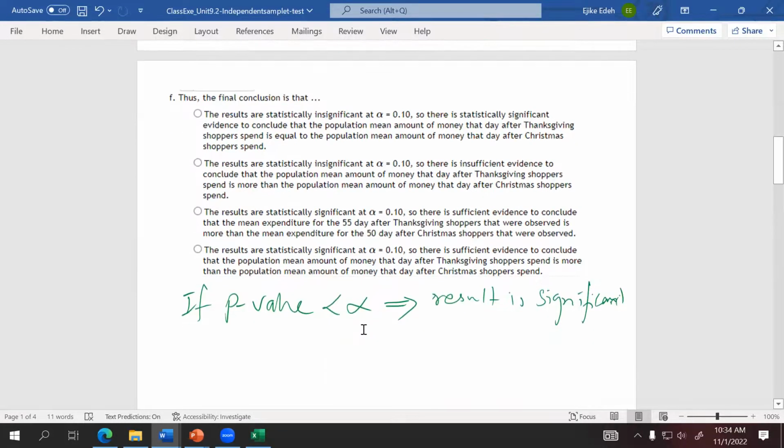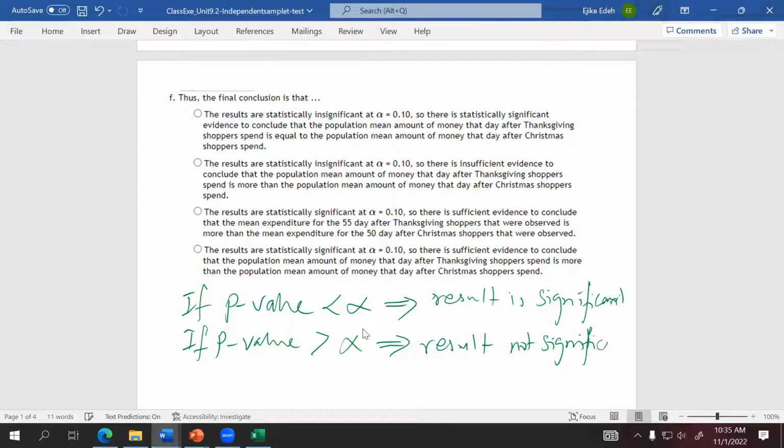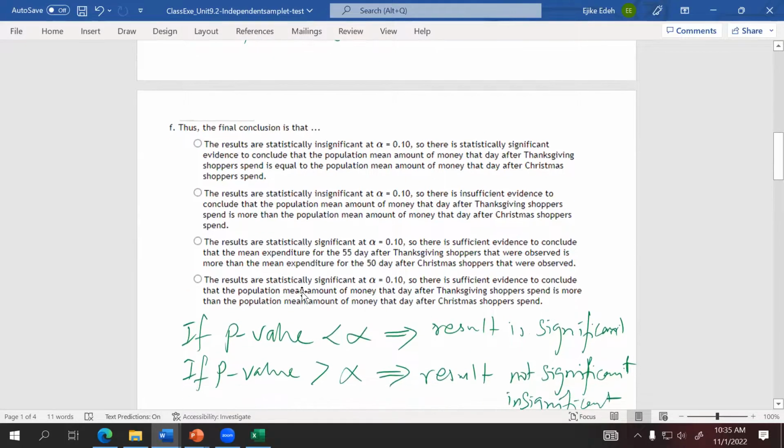Okay, but if p-value is greater than alpha, then we say the result is not significant. How else can you say not significant? You can also say insignificant. So watch out for this interpretation, and it will help you eliminate the options very quickly, right?